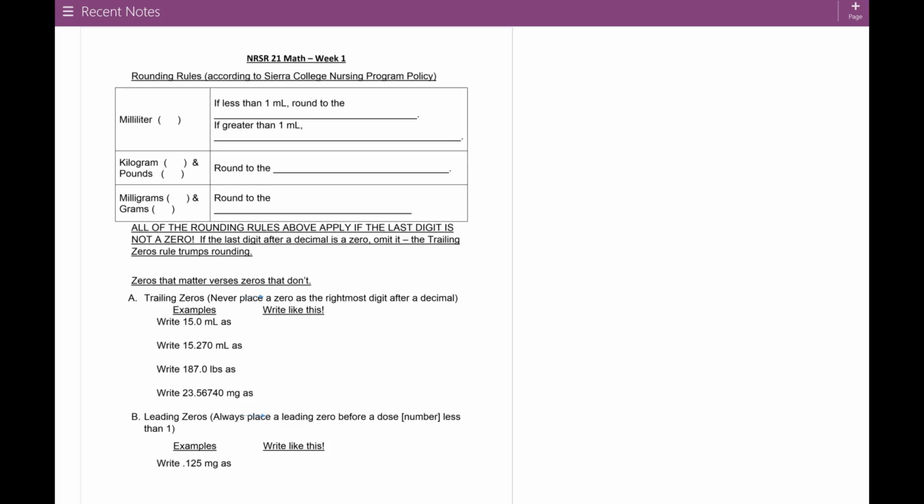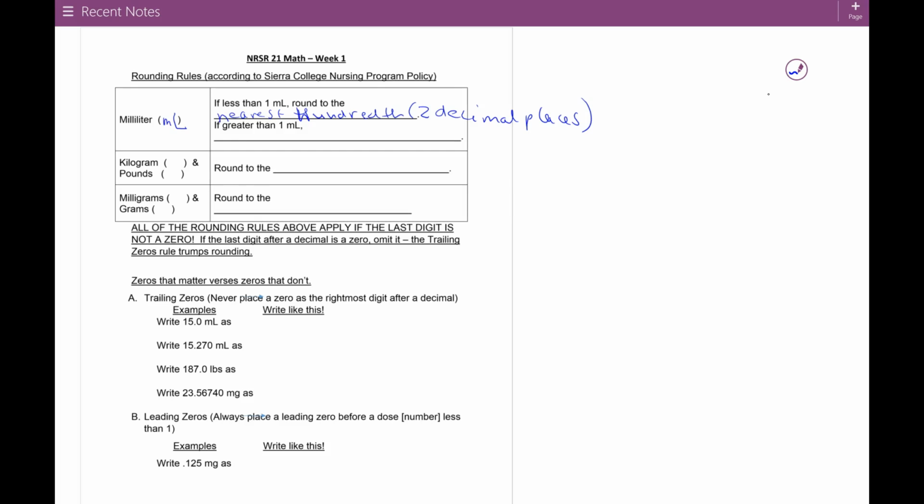So we're going to just start at the top and remember that milliliters is lowercase m capital L, and that if we're less than 1 milliliter, we round to the nearest hundredth, sorry, let me look at my own notes. And that is 2 decimal places. I like this wording better than what I used on Wednesday.